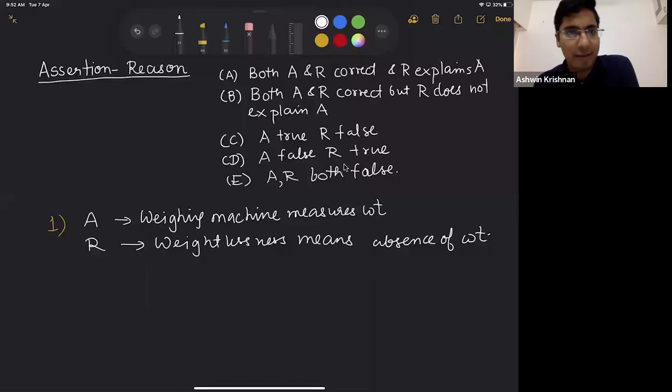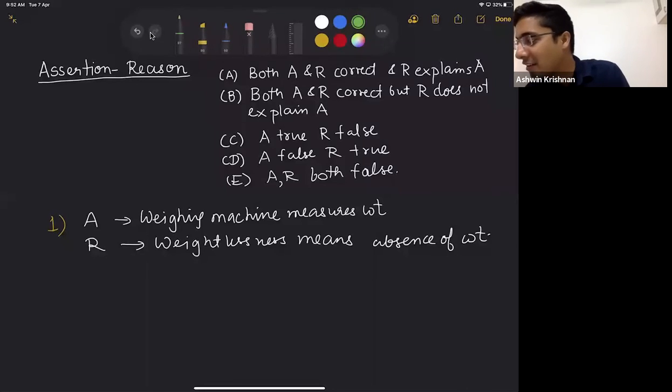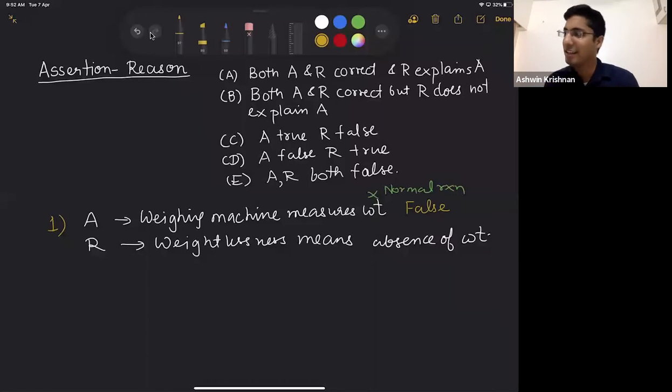All right, let me pause. This is a tricky question. That's why I gave you this question. First, weighing machine, does it measure the weight of a body? I just told you some time back, it does not measure the weight of the body. It measures normal reaction. So this basically means the first statement is false. Second, weightlessness means absence of weight.